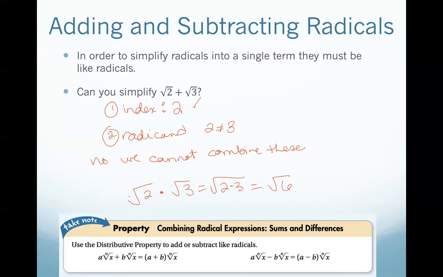Also, if I had the square root of 2 divided by the square root of 3, then I can write that as the square root of 2 over 3, which of course we would then have to rationalize, but we can combine those. Okay, but we cannot combine the square root of 2 plus the square root of 3.